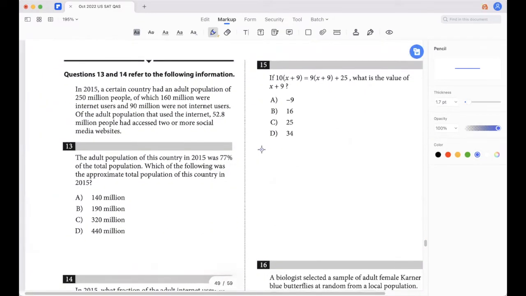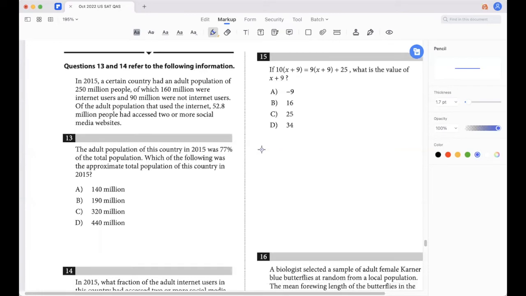In 2005, a certain country had an adult population of 250 million people, of which 160 were internet users and 90 were not. Of the adult population that used the internet, 52.8 had access to one or more social media websites. The adult population of this country in 2015 was 77% of the total population. Which of the following is the total population?